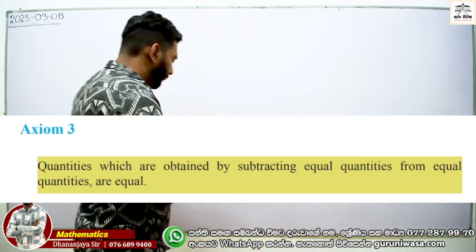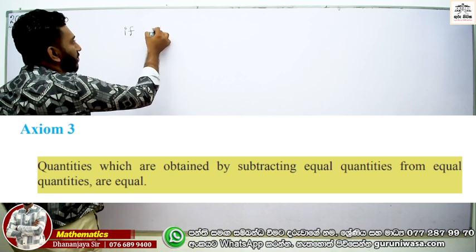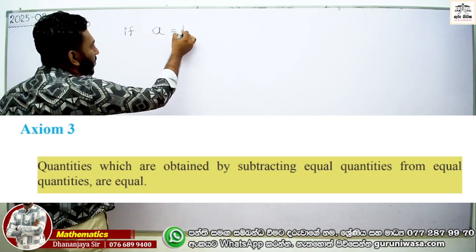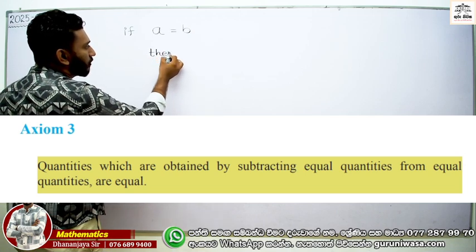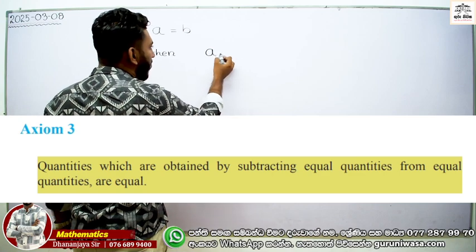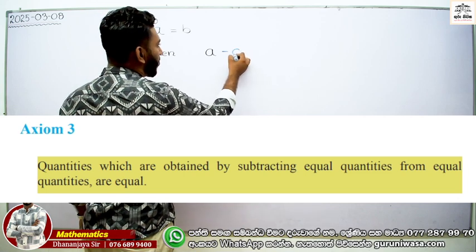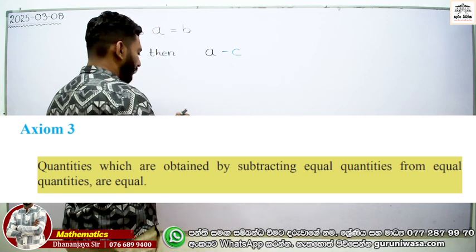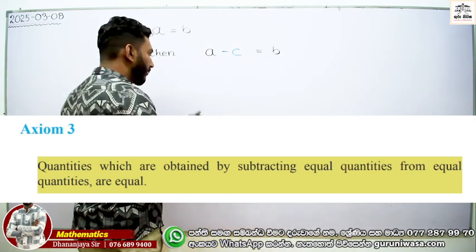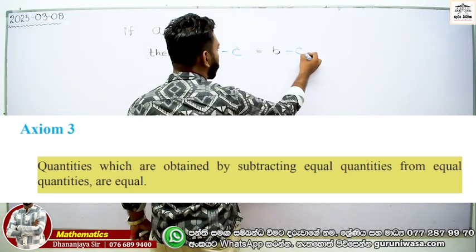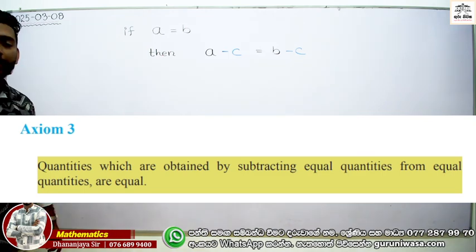Look at the board. If A equals B, then now I am going to subtract C from A, and it should equal B subtract C. Yes, these two things are equal. Definitely.